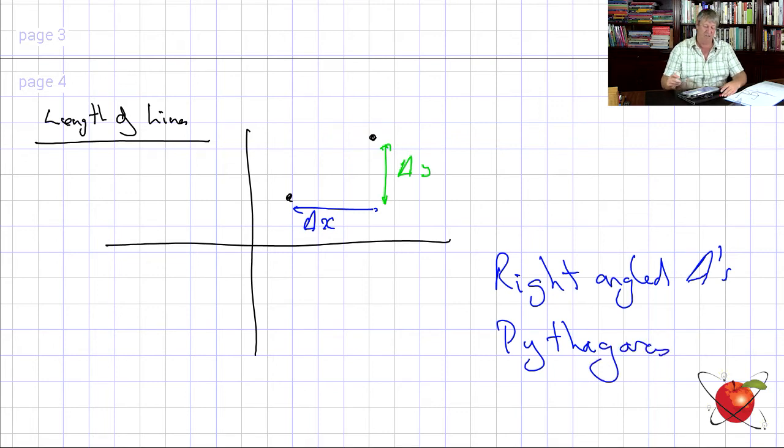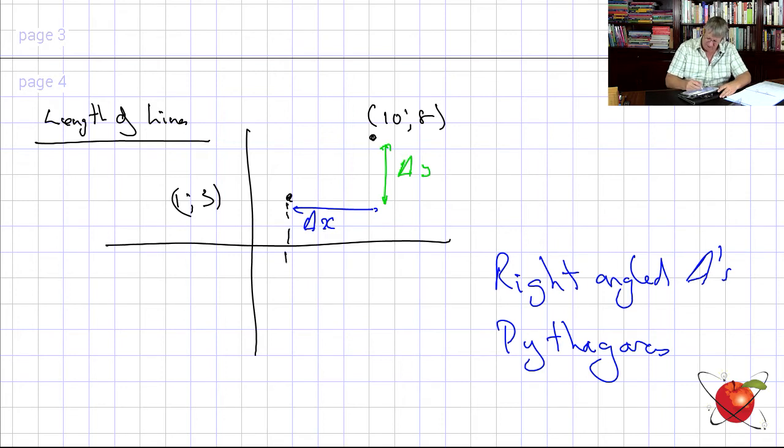Yep, this guy never goes away. So how long is that line? Let's give this some coordinates. This is, let's say, 10 and 8. This point at the bottom here is, let's say, 1 and 3.